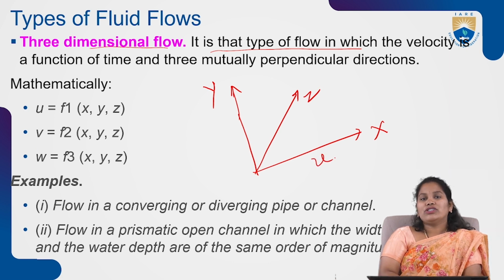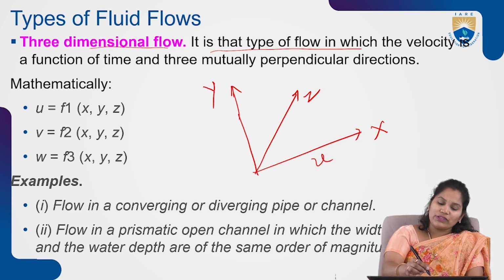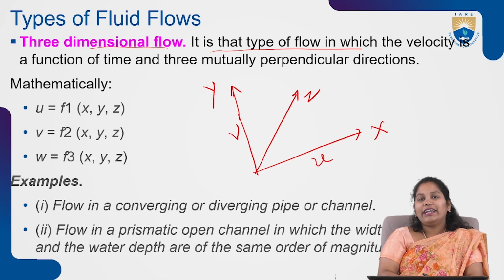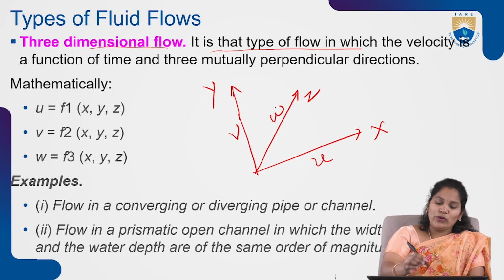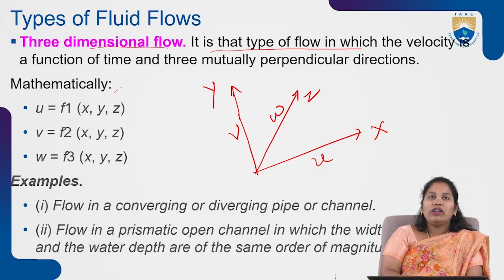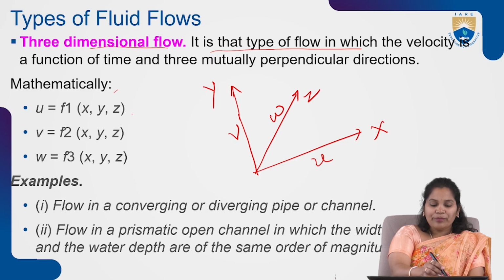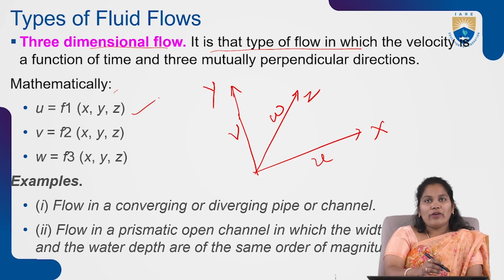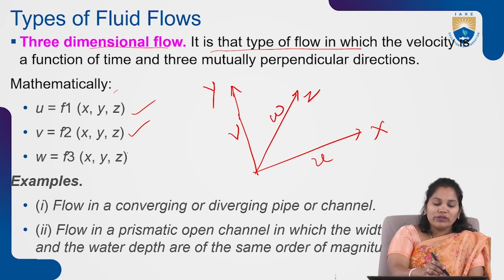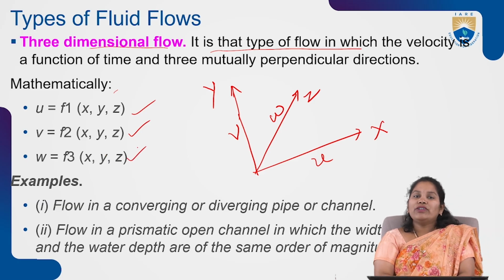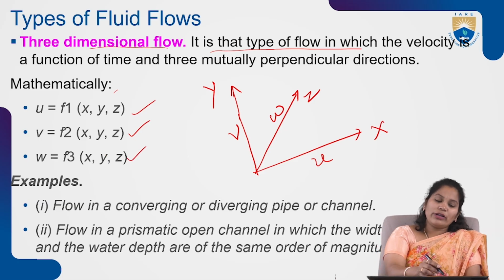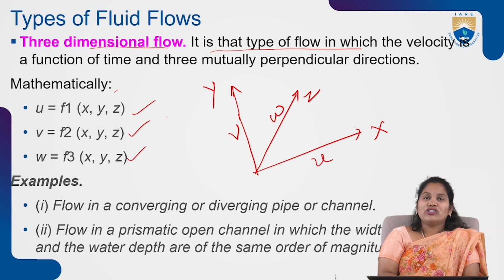In y direction, it is v. And in z direction, it is w. So the mathematical equation is u is equal to f1 of x, y, z, v is equal to f2 of x, y, z, and w is equal to f3 of x, y, z. This is the mathematical expression for three-dimensional flow.